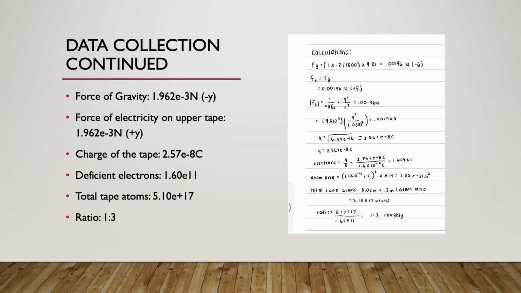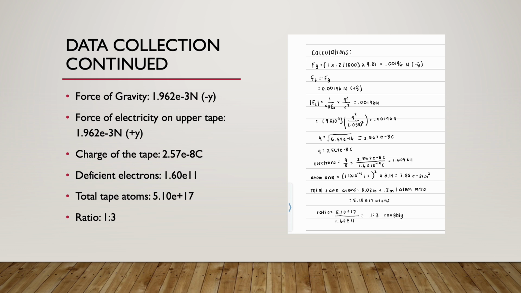With this information, we were able to calculate the force of gravity, the force of electricity on the tape, the charge of the tape, and the number of deficient electrons in the total tape. The force of gravity was calculated using the force of gravity formula, and the force of electricity was basically the same as the force of gravity, but pointing in the opposite direction because it was at equilibrium and it was floating.